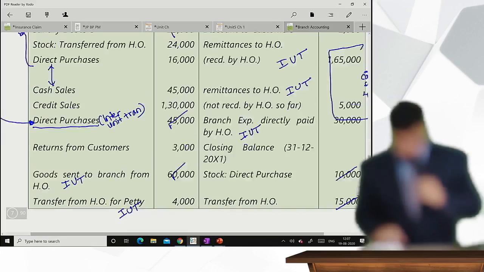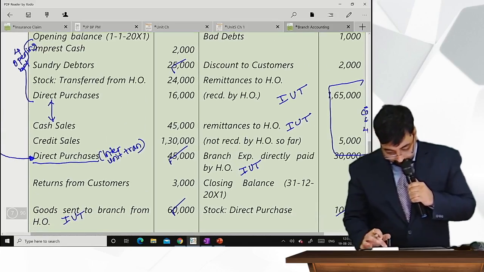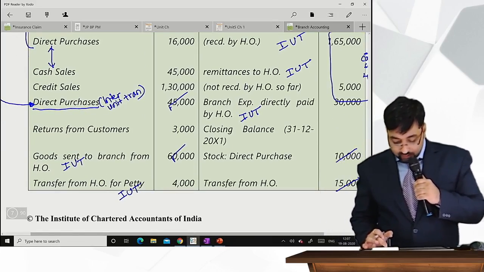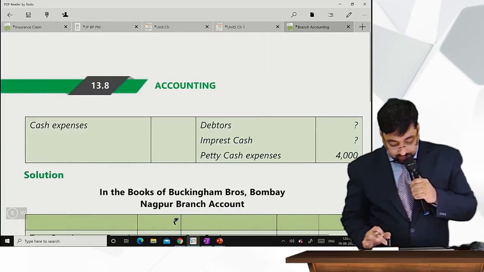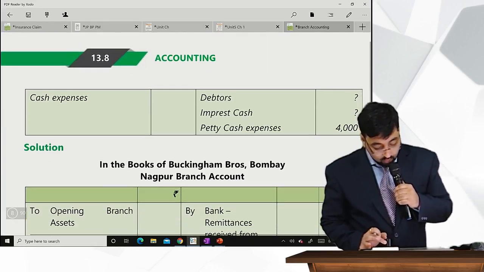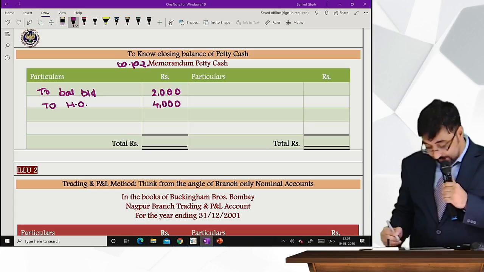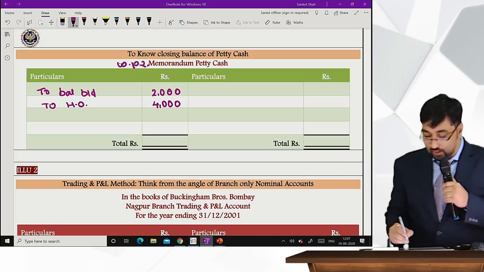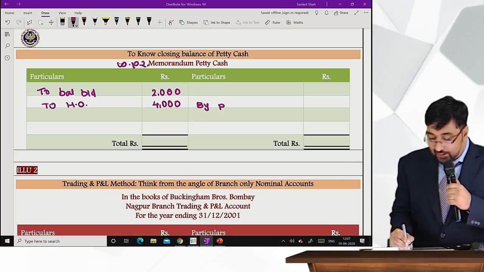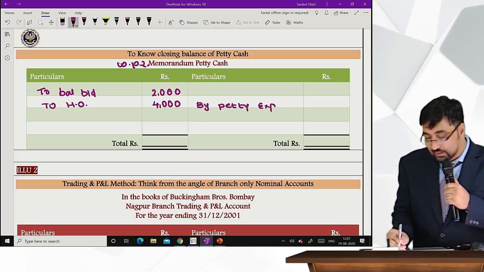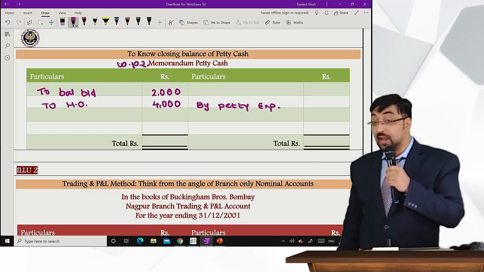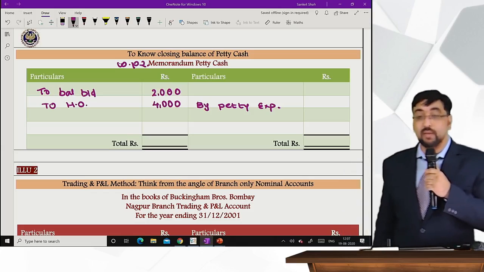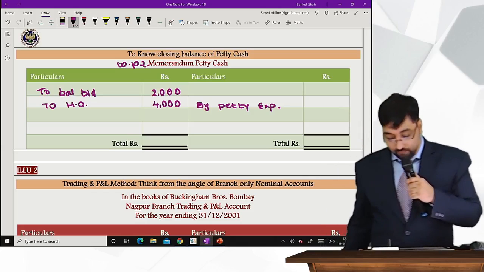Then you have next transactions: discount, bad debts, no. Remittance, no. Branch expenses directly paid by HO, no. Closing balance, we have to find out. And petty cash expenses paid by branch is 4,000. So petty expenses account debit to petty cash. Think from the angle of branch: expenses are paid by them, so petty expenses account debit to petty cash.